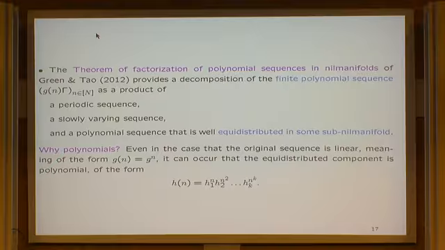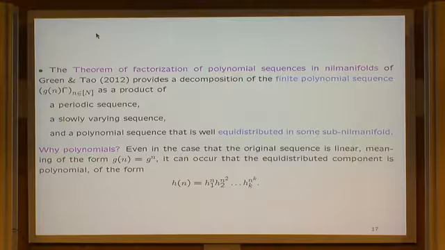So, a finite sequence in TR, you can decompose it as a periodic one, plus a sequence that moves very slowly, and a sequence which is random. But random in a submanifold, in a subtorus, in a limit. This is a complete analog.